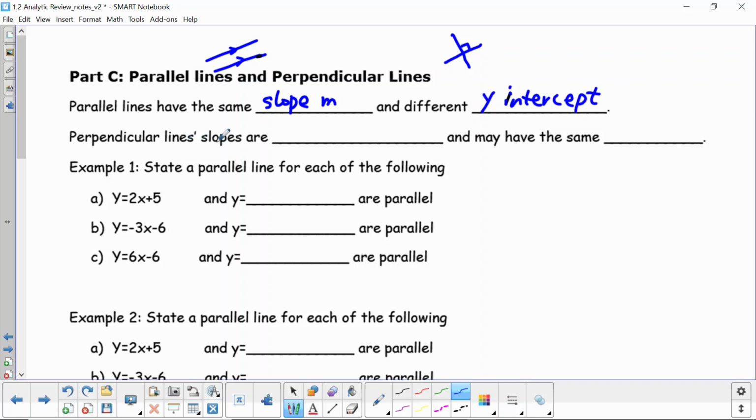And the perpendicular lines, the slope are negative reciprocal. And they may have the same y-intercept and maybe not.